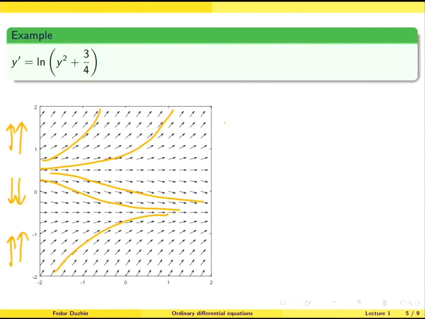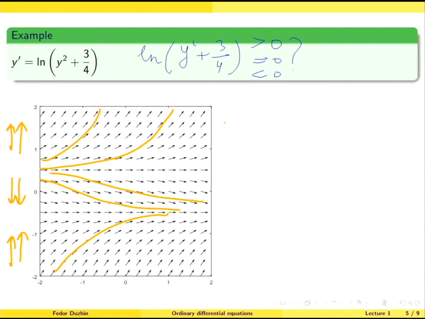So let us think of ln of y squared plus 3/4. So when is it positive? When is it 0? And when is it negative?